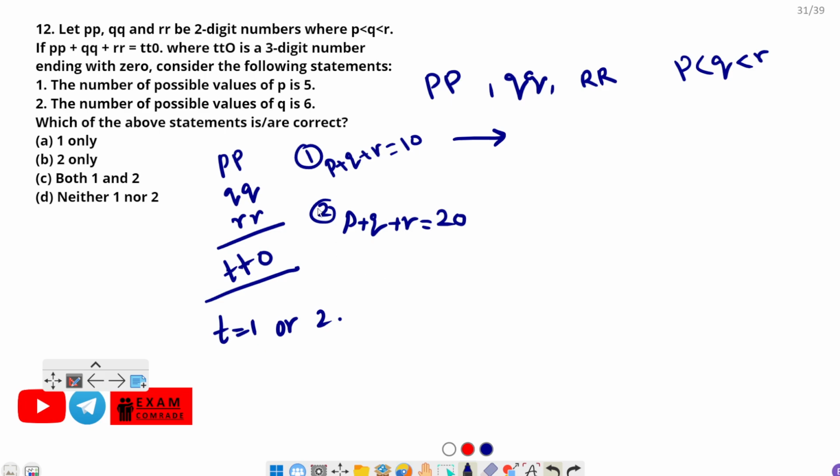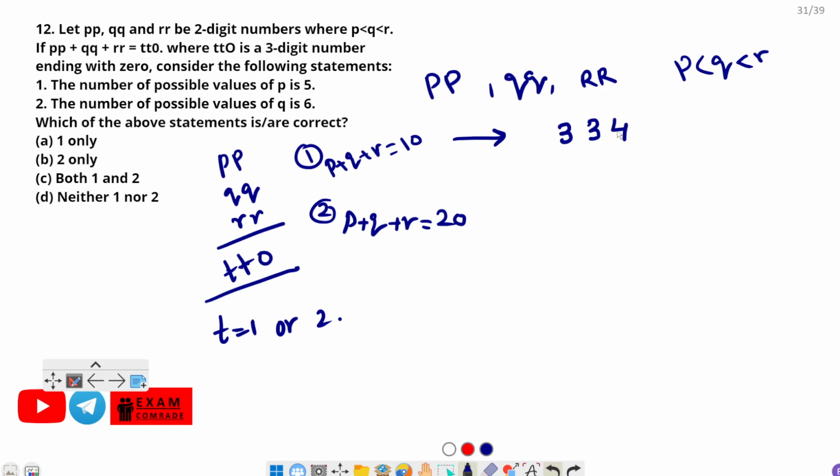For t is equal to 1, p plus q plus r will be 10. For 10 we need to take p less than q less than r. So we can take 3, 3, 4.